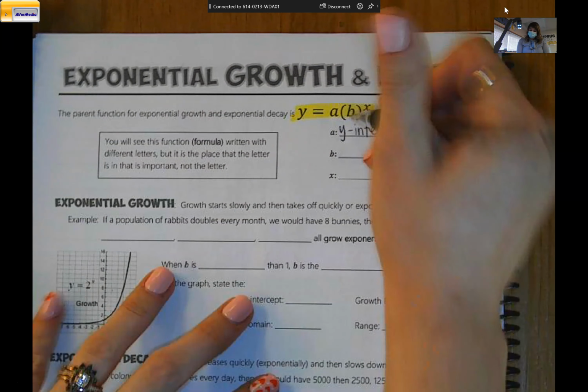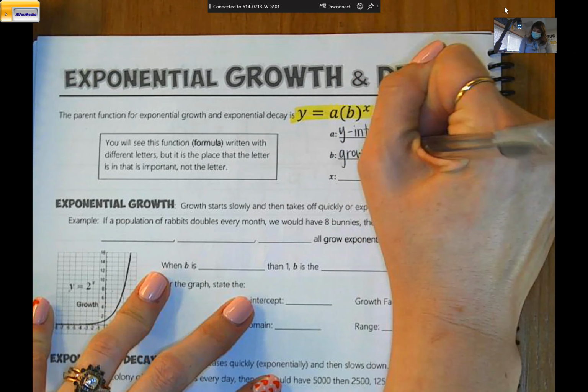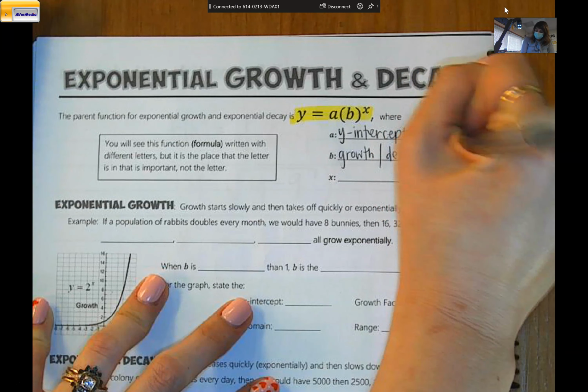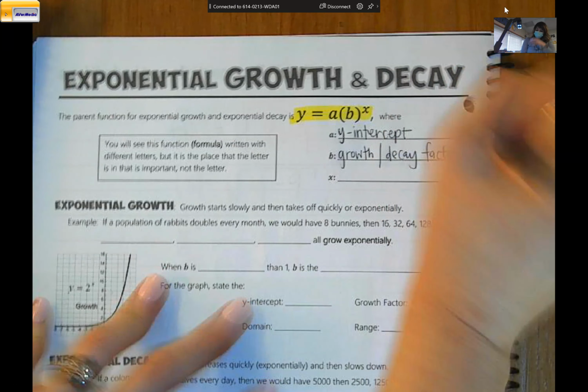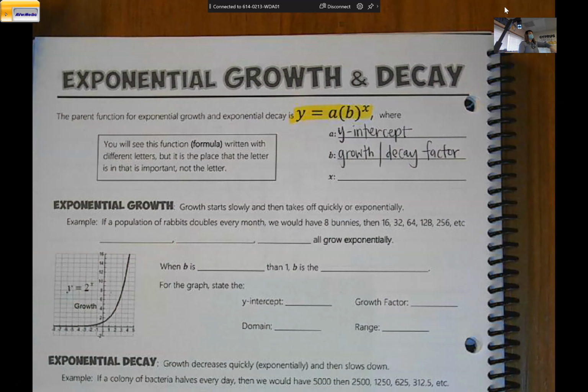Your B is your growth or decay factor. This is by how much your function is growing or by how much it's shrinking.